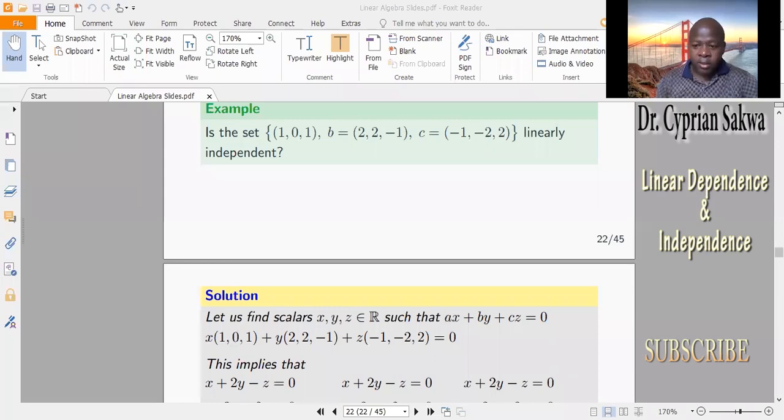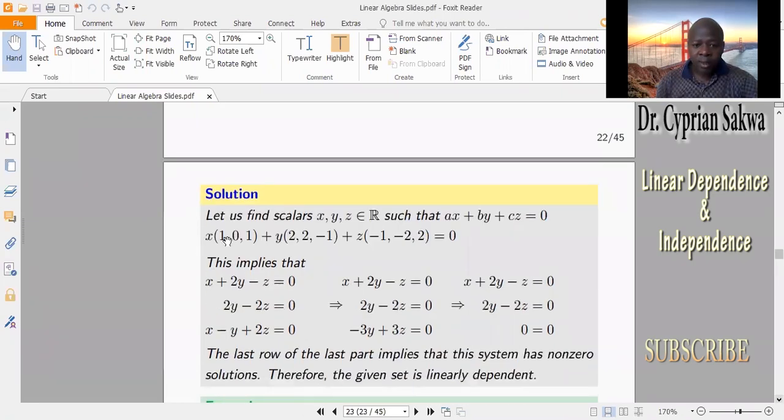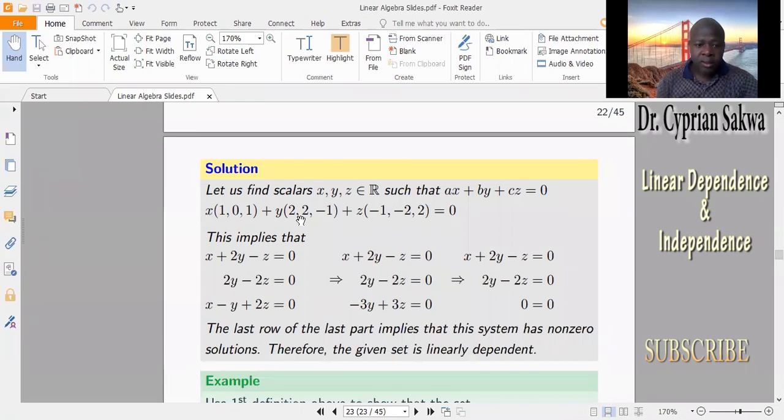So that means I want to see whether I can get scalars x, y, z such that this would be true. So that's what I've just done here. x times the first vector plus y times the second vector plus z times the third vector equals 0. So again, we just multiply the same way we did in the first example.